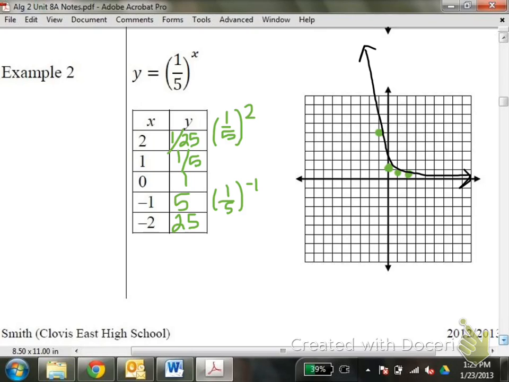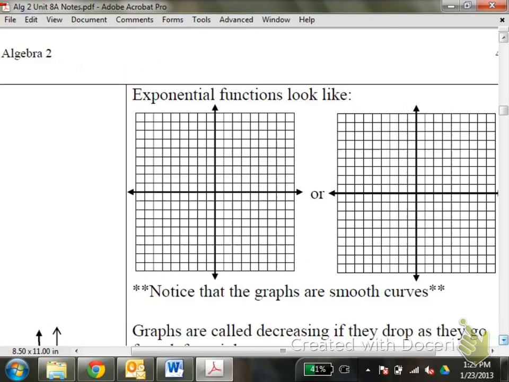So anytime you're asked to graph one of these things, you can just go ahead and use the table for those. Okay. Now that you guys have graphed 2 of these, we have 2 kinds of exponential functions. They either look like this, getting close to the x-axis and then growing upwards, or starting away from the x-axis and getting closer and closer as you go down.